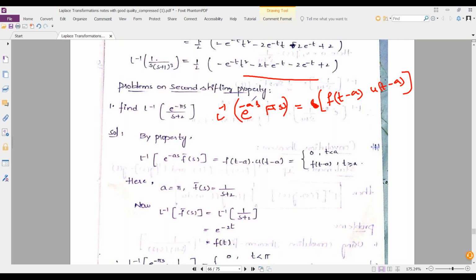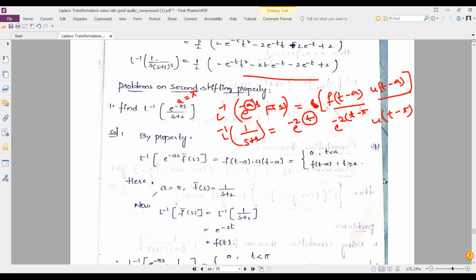One thing is clear, a will be easily identified. So here a equals pi in this problem. So u of t minus pi, f of t minus pi. What is f? That you have to find. f means the remaining 1 by s plus 2. Inverse Laplace of 1 by s plus 2 is e power minus 2t. So in the place of t I need to write e power minus 2 times t minus pi, into u of t minus pi. That would be the final solution.